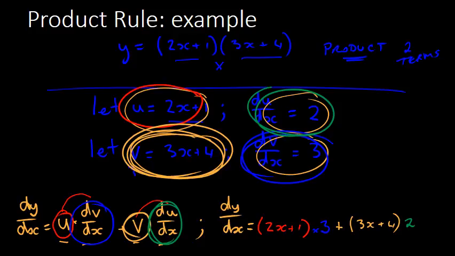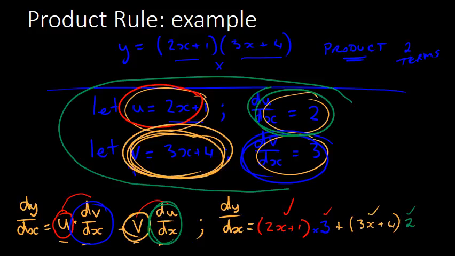So you'll see in the final version of your working, you should have each of the terms used exactly once. That is, the 4 terms, u, du/dx and v, dv/dx, get used exactly once. On the next page, I'll just show you how we finish the question off.